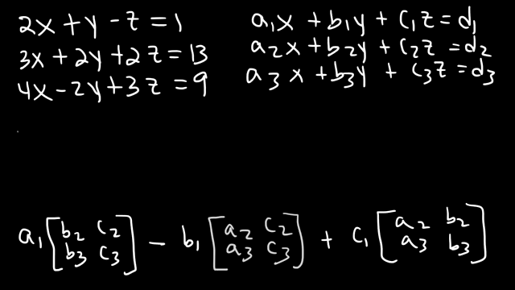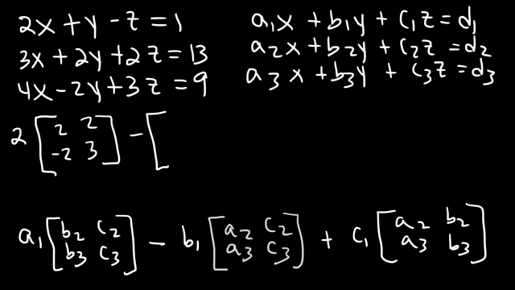So in this example, a1 is 2, and then b2 is 2, b3 is negative 2, c2 is 2, and c3 is 3. And then minus b1, b1 is 1, the coefficient in front of y.